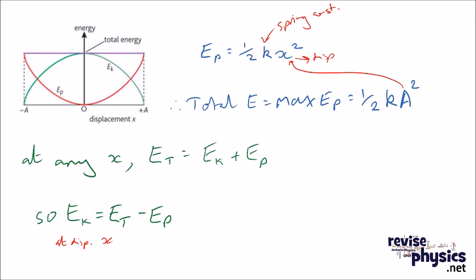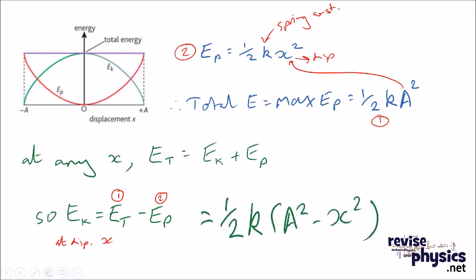Now the potential energy we were given up here, and we know that the total energy is equal to 1/2 k A squared. So the kinetic energy at any displacement x is equal to 1/2 k A squared minus 1/2 k x squared.